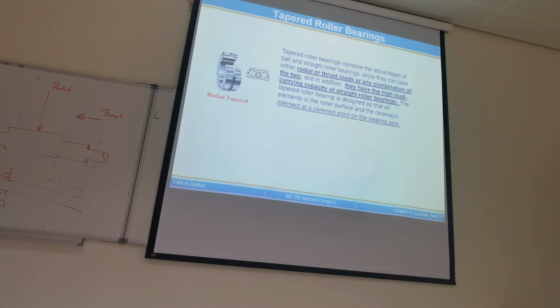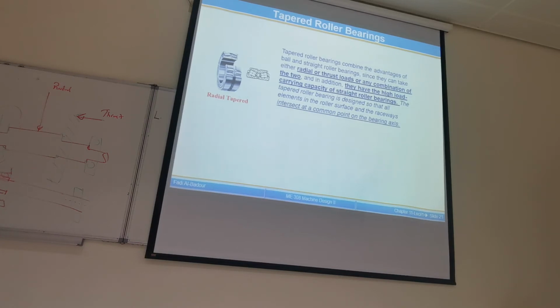Tapered roller bearing is simply a cylindrical bearing, but instead of mounting it this way, we tilt it like this. Although it's not the exact cylinder, this is the simplest way of presenting it.